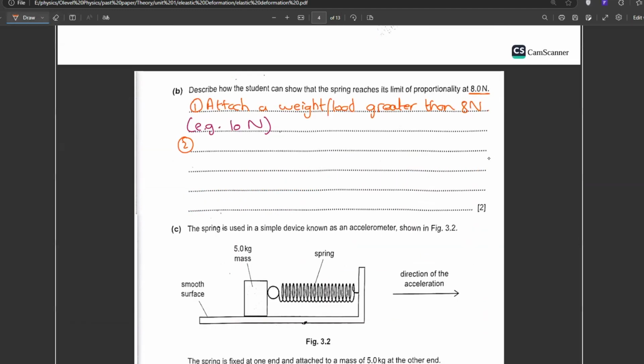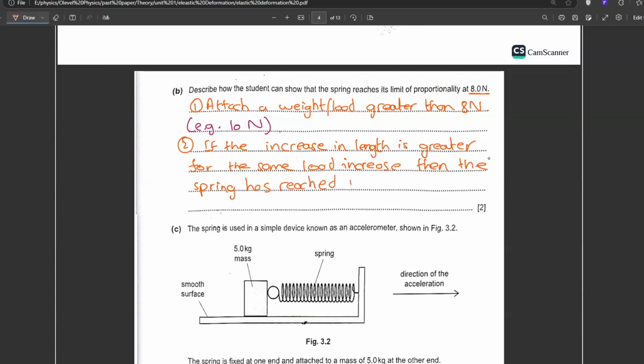You can further write that if the increase in length, or you can say extension, is greater for the same load increase, then the spring has reached the limit of proportionality.